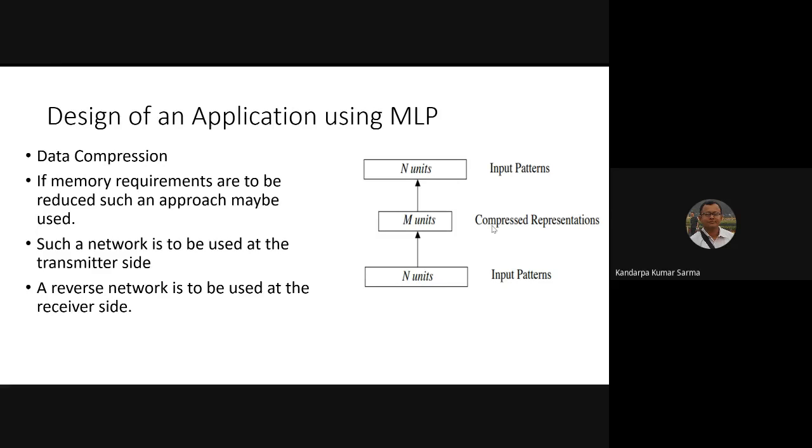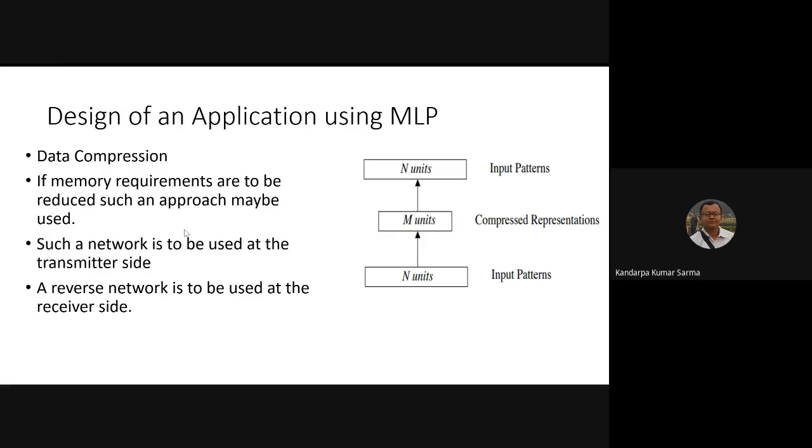From that compressed representation, we can again recover the previous form. From this m, we can recover back the n by doing just a reverse processing. If you have compression done at the transmitter side, just a reverse process should be done at the receiver side.